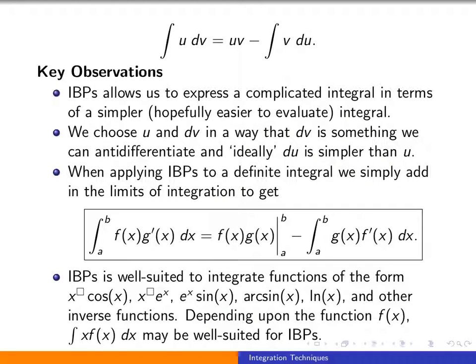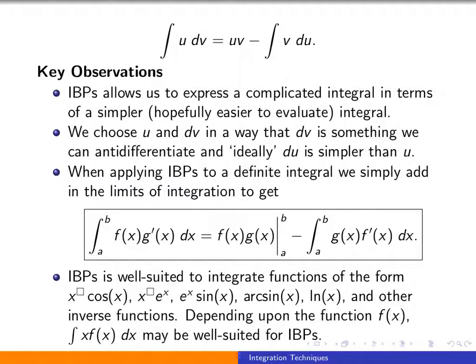So let's make a few key observations. Note in the form that we have above, integration by parts is not actually solving the integral for us. What it's doing is taking a possibly complicated integral, what we start with, and expressing it in terms of what is hopefully going to be a simpler, easy to evaluate integral.